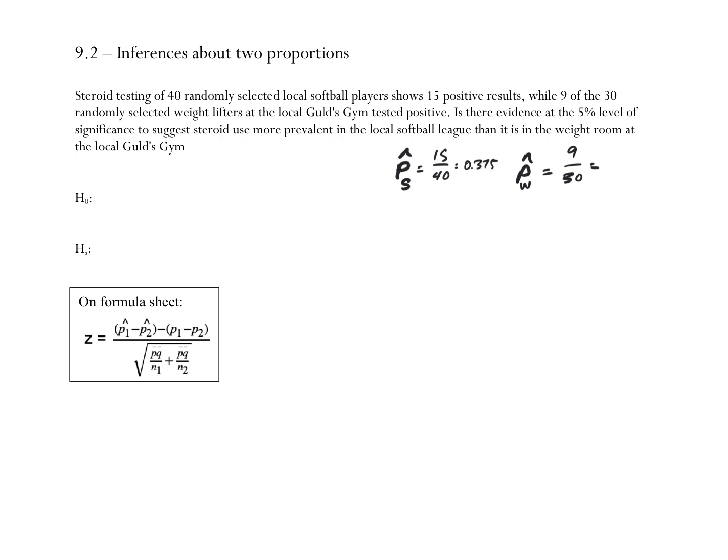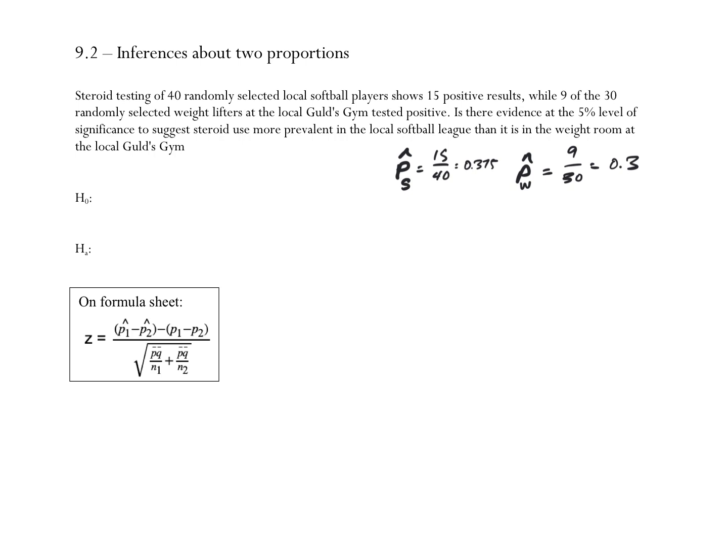So if we just do some real quick. Okay, so as we look at our 2 samples here, it looks like steroid use is more prevalent with softball players than with weightlifters, according to our samples.